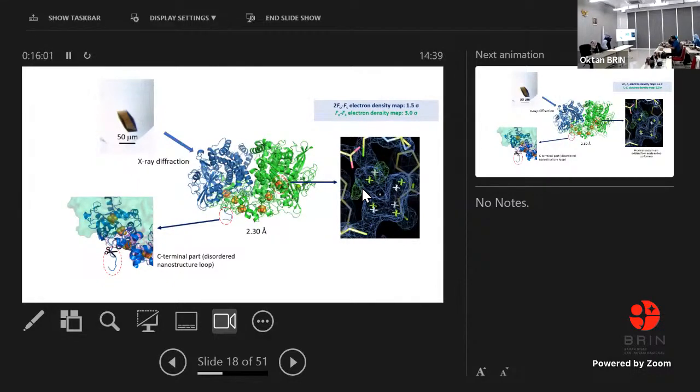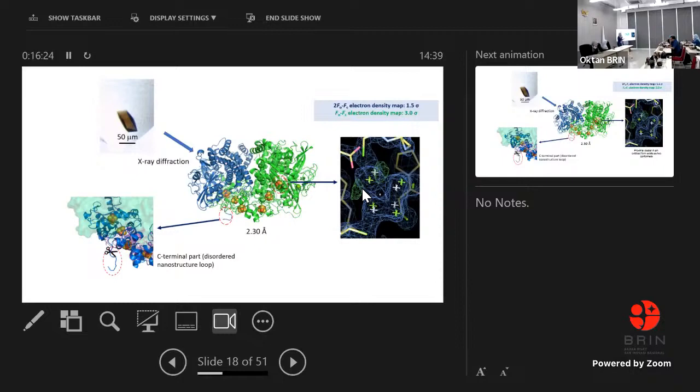When we solved the structure for CS77, we observed that in the proximal cluster, which is near the active site, there is the presence of two positive peaks.